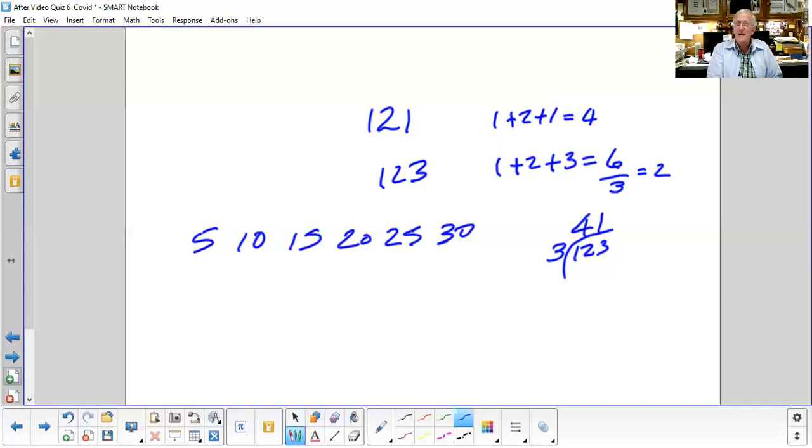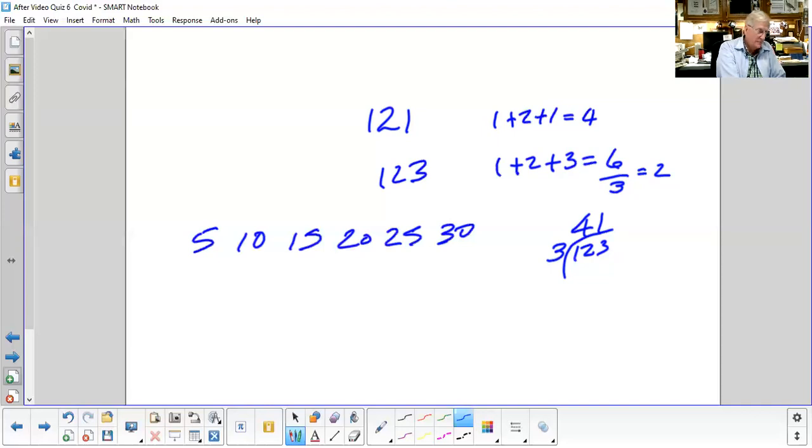It comes in very handy to know when a number is divisible by 2, by 3, and by 5. The rest of them we can just divide out on a calculator or on our phone to see if they're divisible into something evenly. So there are the rules that you need to know: the divisibility rule for 2, the divisibility rule for 3, and the divisibility rule for 5.